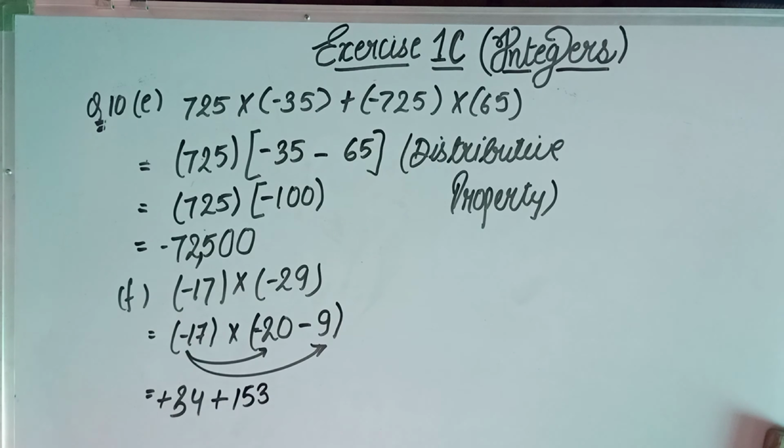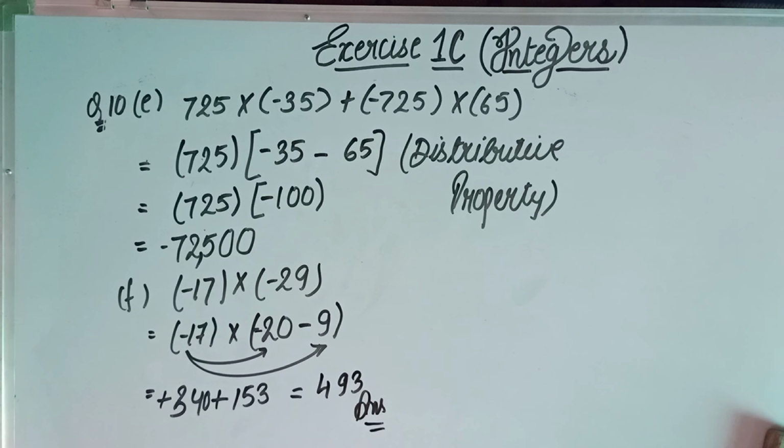Here we will get 153, whereas minus minus plus. I didn't put 0 over here, so 0. Now after adding these numbers, we will get 493. So that is our answer.